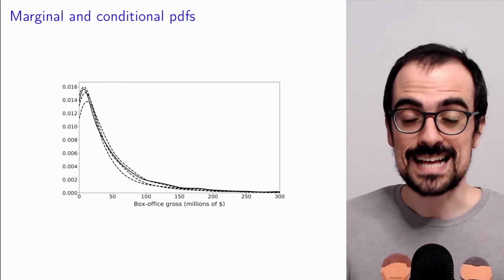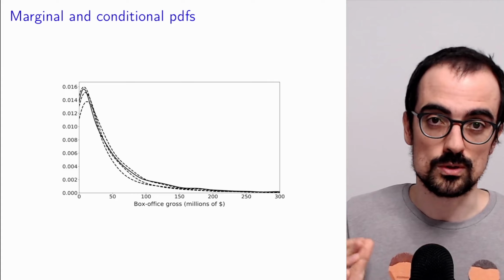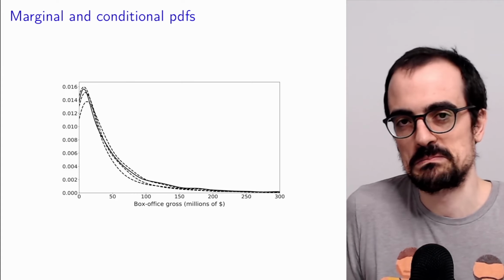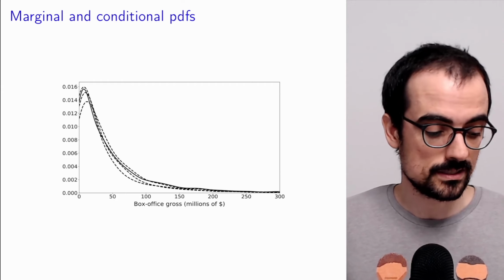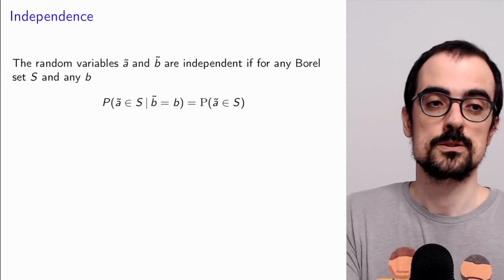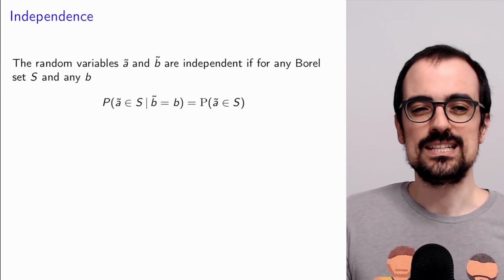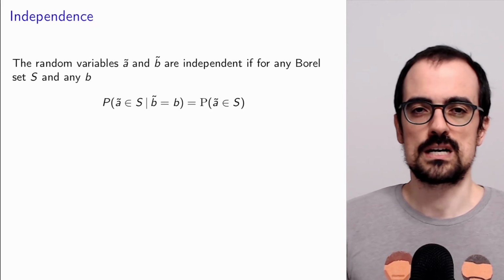When the conditionals are exactly equal to the marginals, and here this is real data, so that's rarely going to happen, but if that happens exactly, then we have independence between random variables. So intuitively, what does it mean for two random variables to be independent?